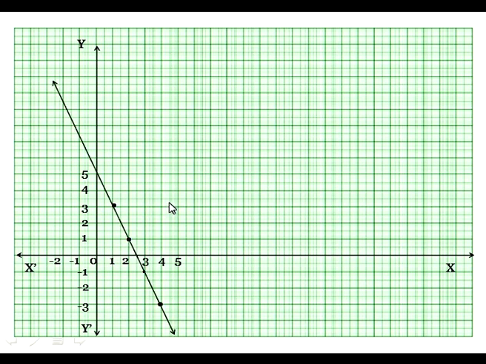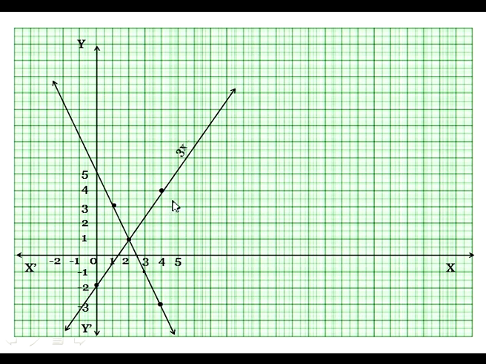Let us try to plot them on the graph. Drawing the x axis and y axis, x dash, y dash, and the point where these two meet is our origin 0, 0. Now, let us plot the points in their respective places. After plotting the points, let us draw the line, and what do we observe?